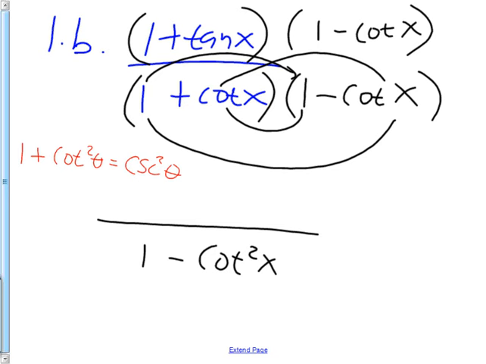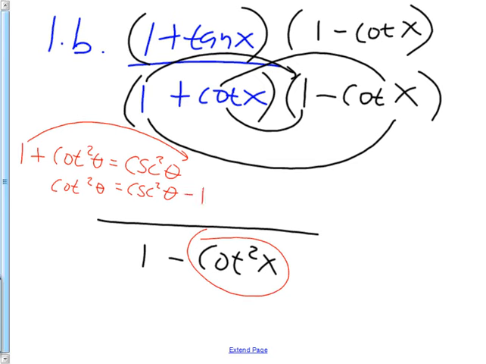If I want to put in cotangent, I want to replace this now, I can put this 1 over to the other side, and I'll have cotangent squared equals cosecant squared theta minus 1. So cotangent squared is really this minus 1. Now I can put cosecant squared minus 1 in there. And the minus 1 and this plus 1 will cancel out. So what will I have? Negative cosecant squared.